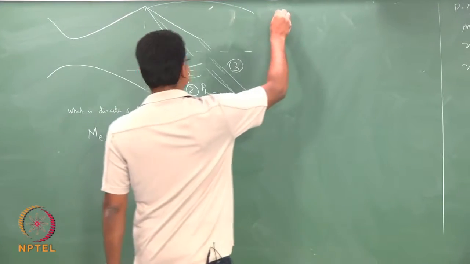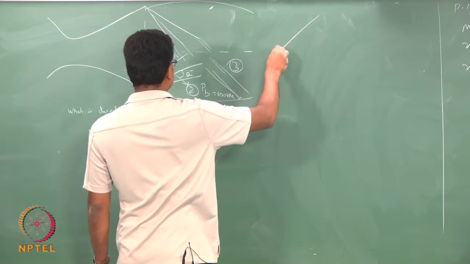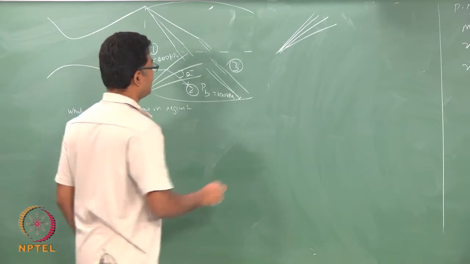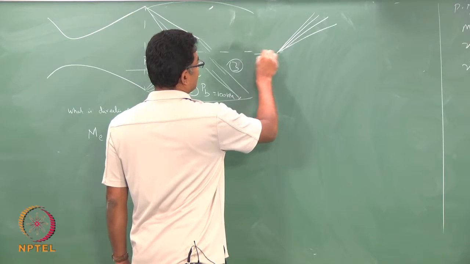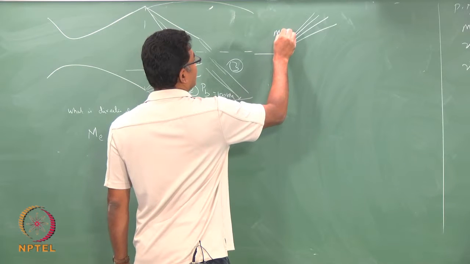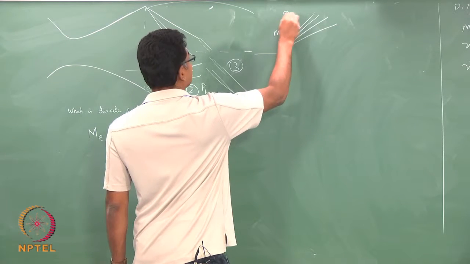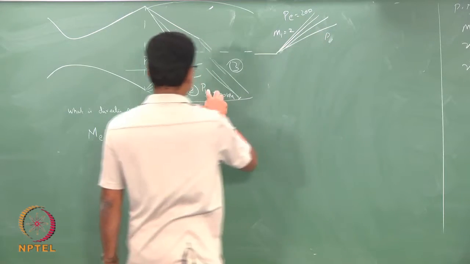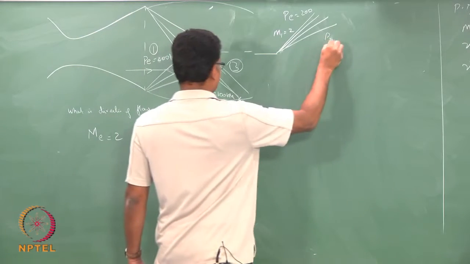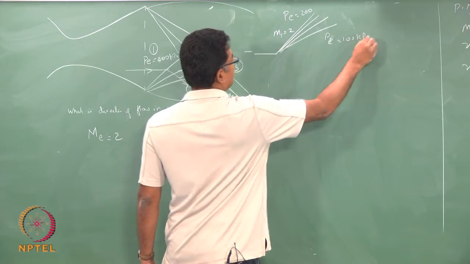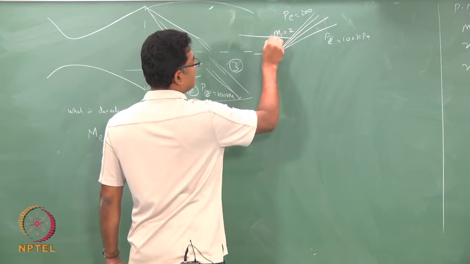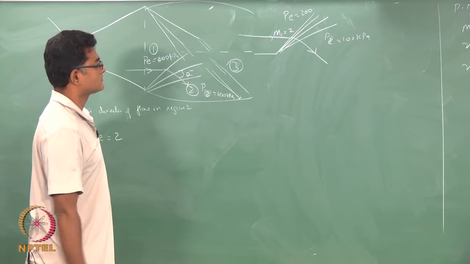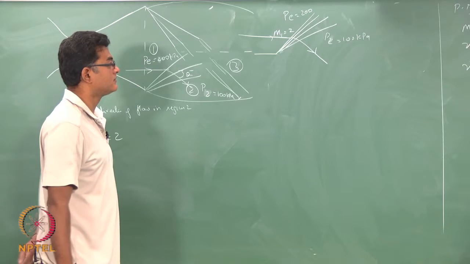So, what I will do is, I have an oblique expansion fan here. M1 is 2, this pressure is 200, this pressure is 100 kilopascal, flow comes and makes a turn. What is the direction of the turn?